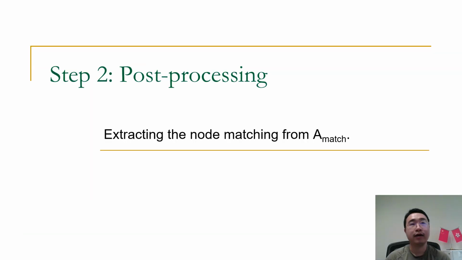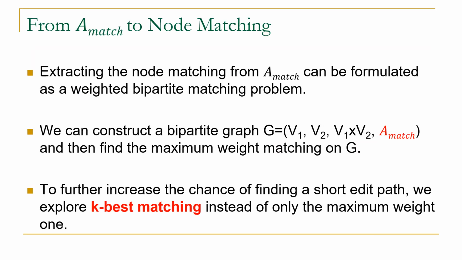In the following, I will introduce the second step of our framework: how to extract node matching from the predicted matching matrix A match. This task can be formulated as a weighted bipartite matching problem.